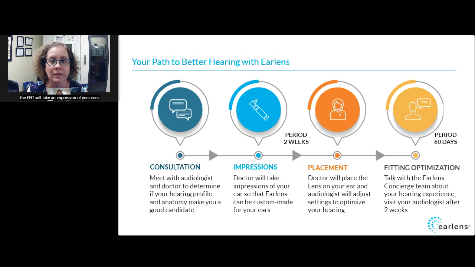And then the ENT will take an impression of your ears. And the Earlens system takes about 2 weeks for them to custom build the lens for your ears. The Earlens will custom design and manufacture your system in Menlo Park, California, and then you will return in about 2 weeks for your big day of fitting the system.